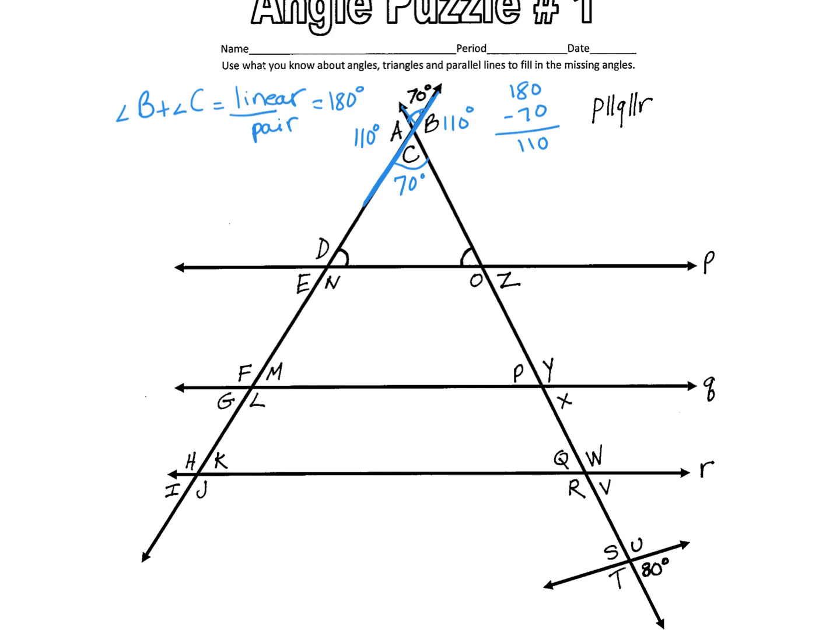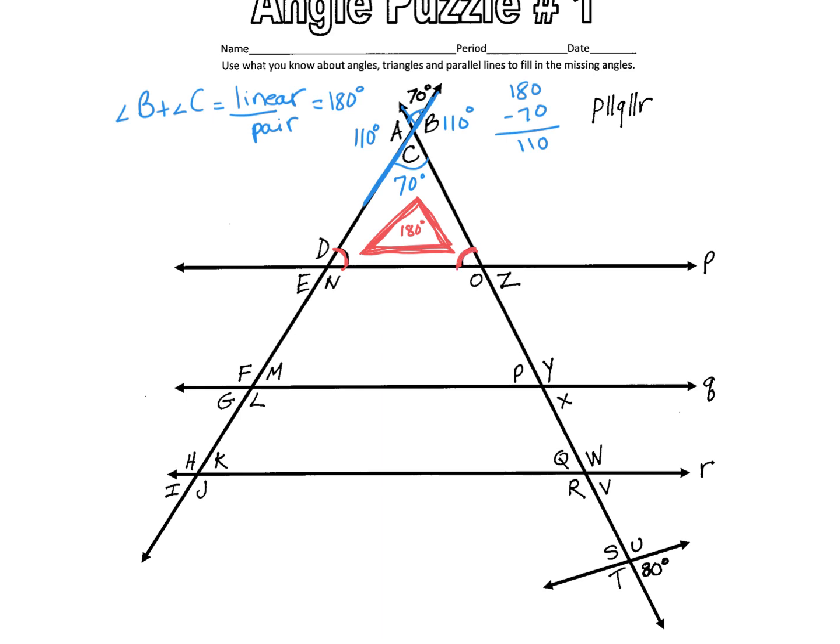Now, we haven't talked about triangles yet, but I'm hoping you remember that you learned in middle school that all three angles of a triangle add to 180. I notice that these little arcs tell me that these two angles are congruent.